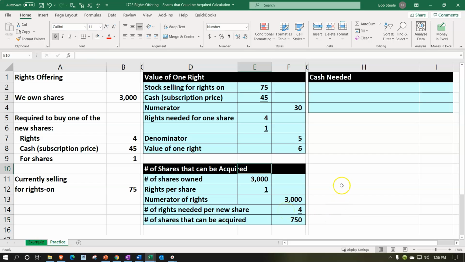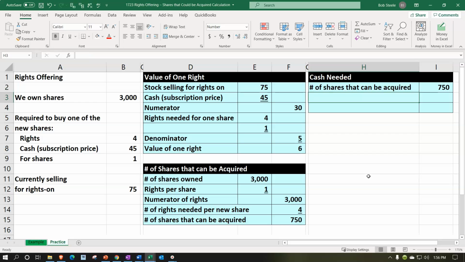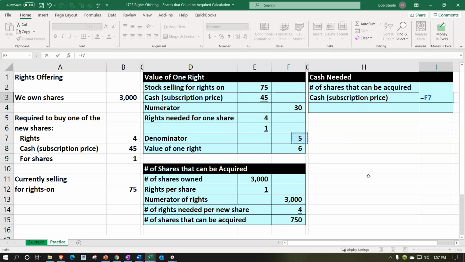The next question is, if we want to exercise that, how much is it going to cost us to take advantage of that discounted price? We're going to take the 750, and when we cash those in along with our rights, it's going to cost us $45 per share instead of 75.